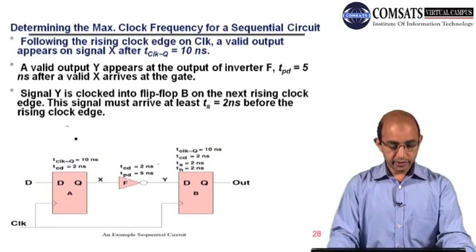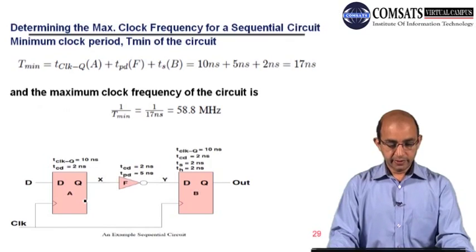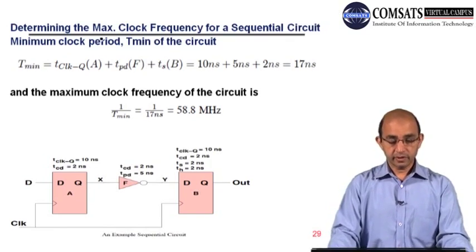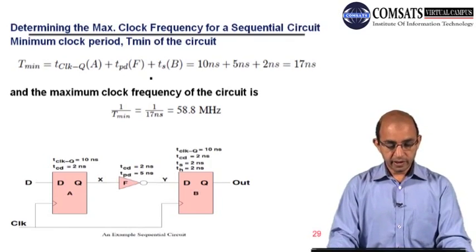You can see that there are no bubbles at the clock input, so it means we have a rising clock edge. So this is valid. Here, how will we calculate the T minimum?